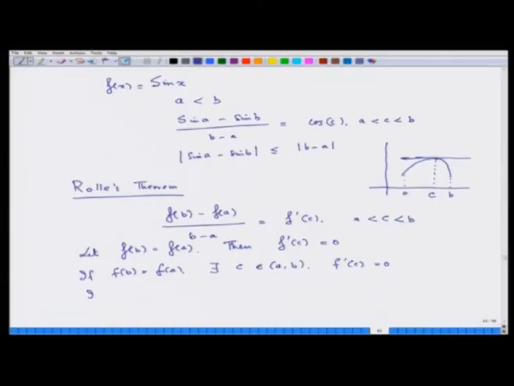Use the mean value theorem to show that if f'(x) is equal to 0 for all x in (a, b), then f is constant on (a, b). I would leave you to work on this, it is just fun. So how by simple arguments you can get fantastic ideas about the nature of functions.